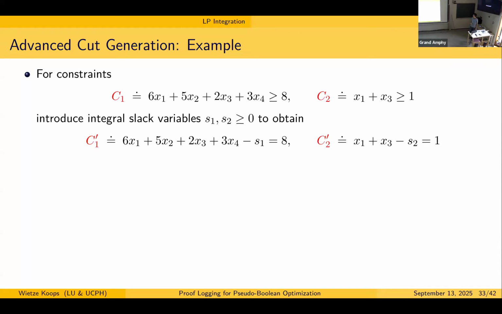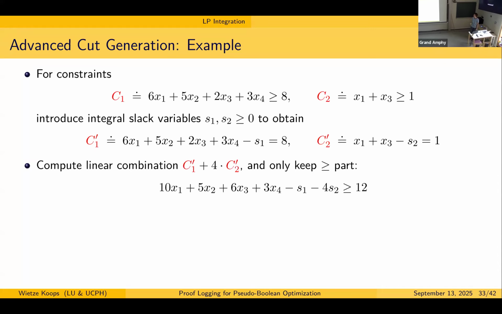I do something similar for C2. And this, of course, is not something we can do in VeriPB because it only has Boolean variables. It doesn't have slack variables, integer valued variables. We compute some linear combination of these two equalities, and we're only going to keep the greater than or equal to part.